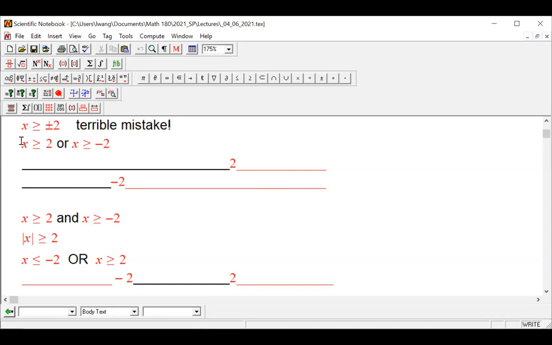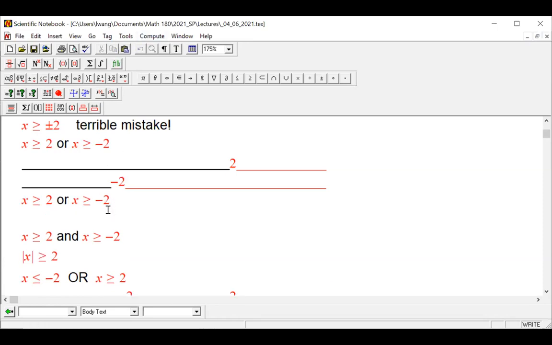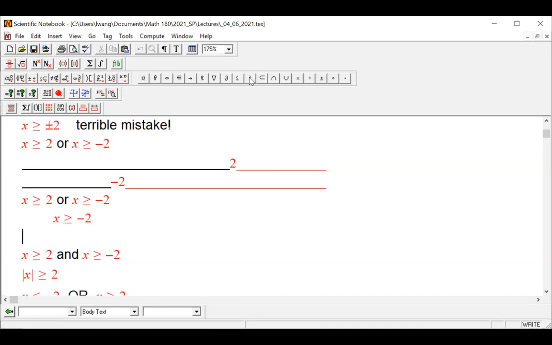When you OR this, the consequence is what? The consequence is going to be x greater than or equal to -2. Think logically, please, you guys. When you OR this, that's what it means. You follow me?